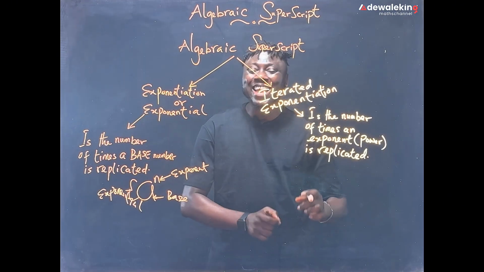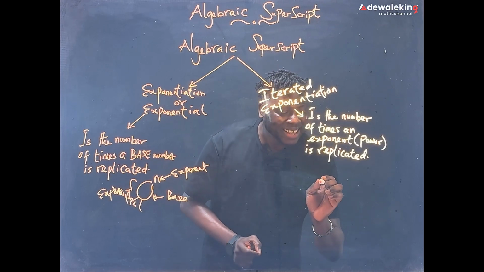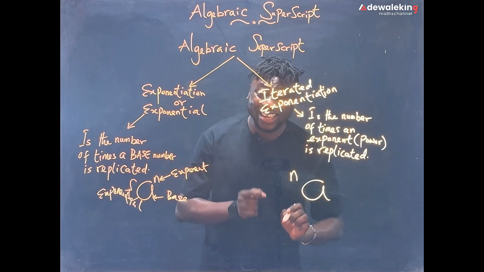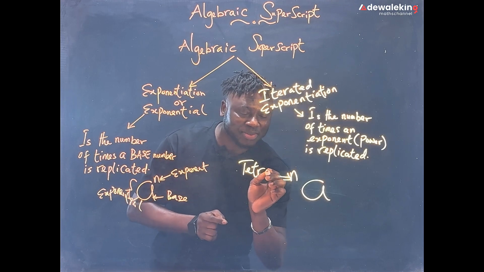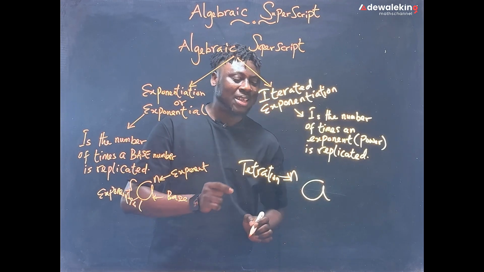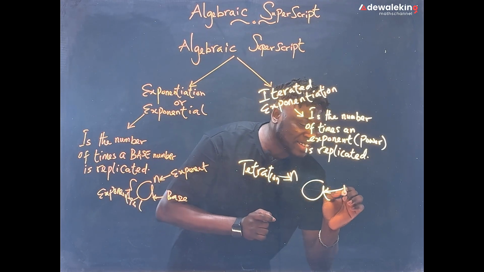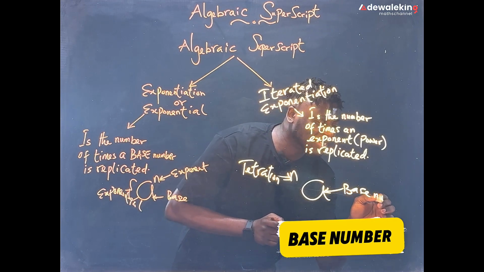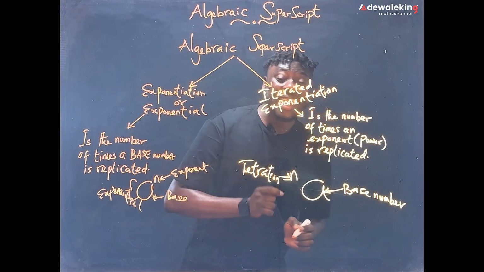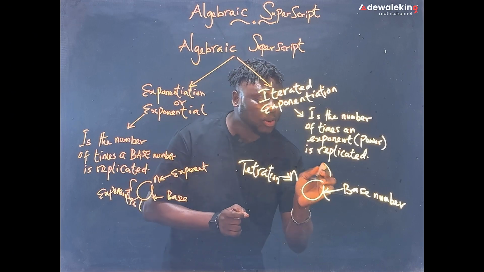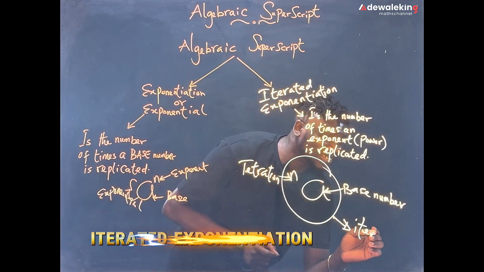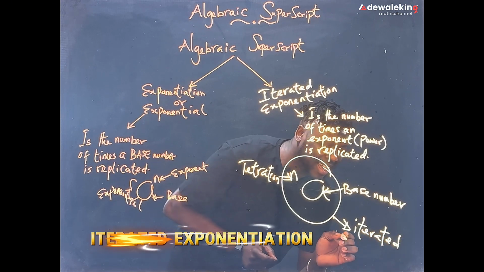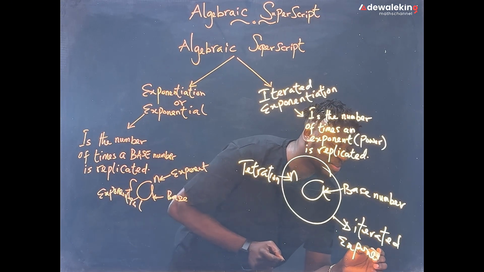For iterated exponentiation, we write a tetration n, where n means tetration and a means a base number. Everything together is called iterated exponentiation.